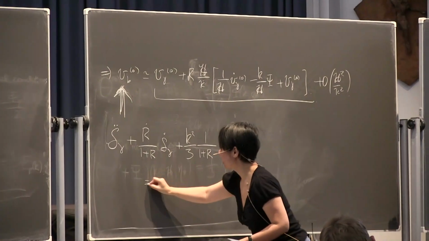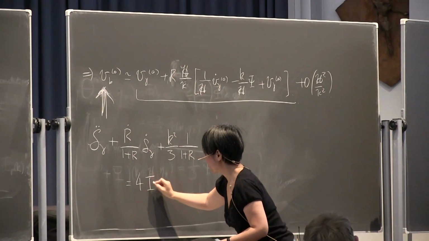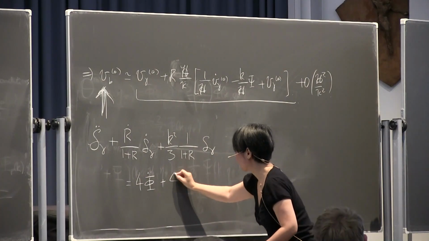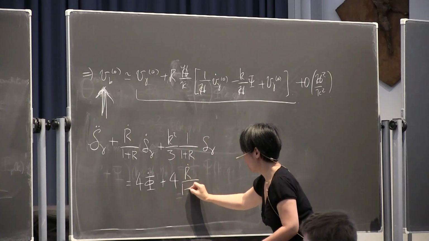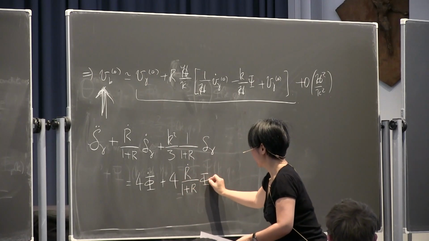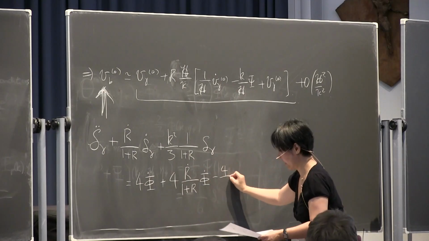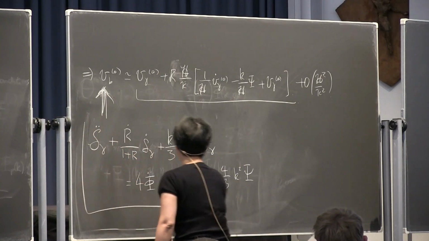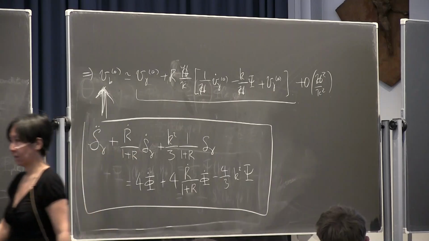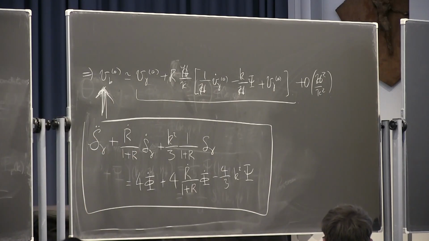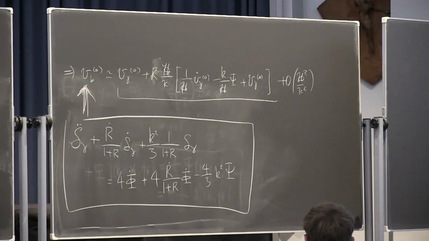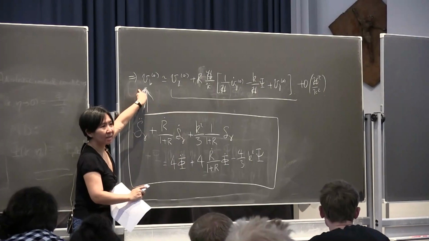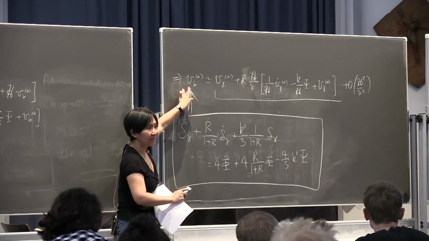And then on the right-hand side, you also have the potentials, which are 4 phi double dot plus 4 R dot over 1 plus R phi dot minus 4 divided by 3 k squared psi. Okay? So just to recap again, I got this thing out of combining these two equations together using the expression for vB.